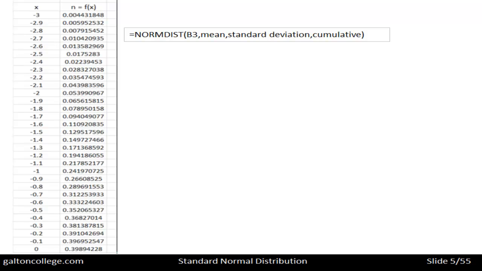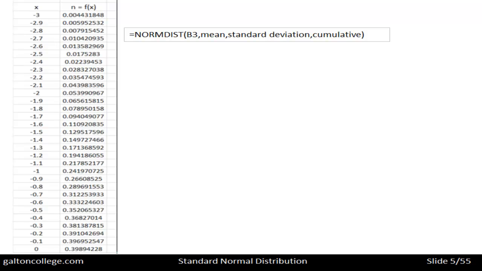format equals NORMDIST, bracket B3. B3 is our X column here, B3 comma mean comma standard deviation comma cumulative.